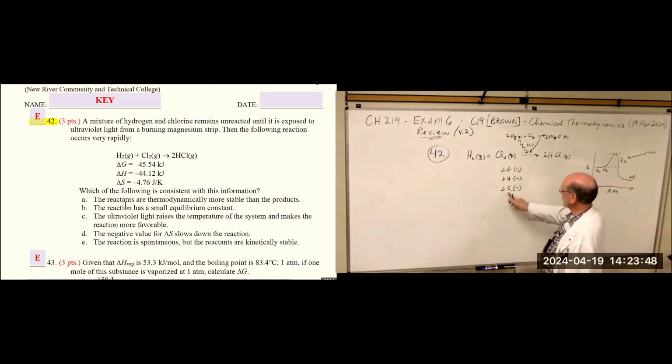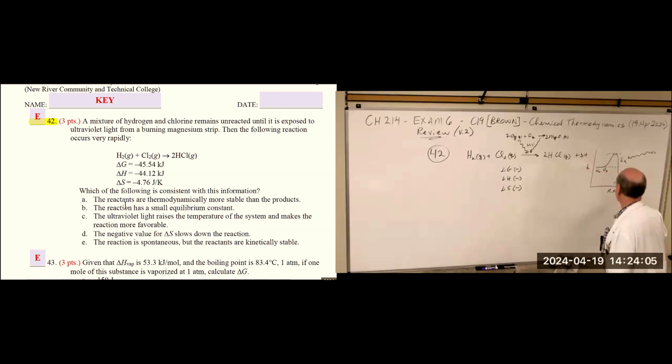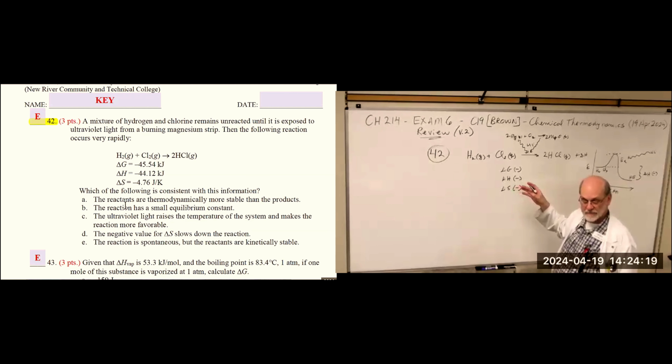So they have to tell us this one. But this negative delta H means that we've got heat on that side, and I drew this correctly, right? It went from this level of energy down to this level, and the difference here is delta H, which is negative. Delta G tells us that the reaction is spontaneous. It will go.